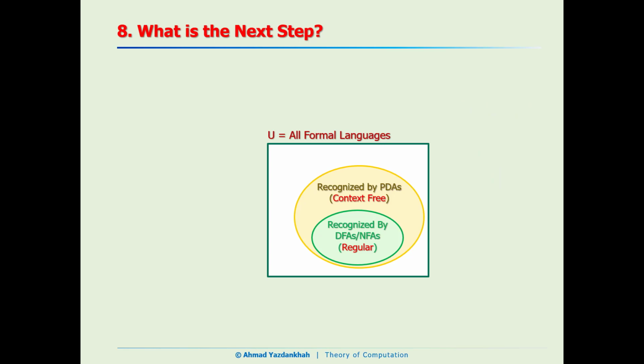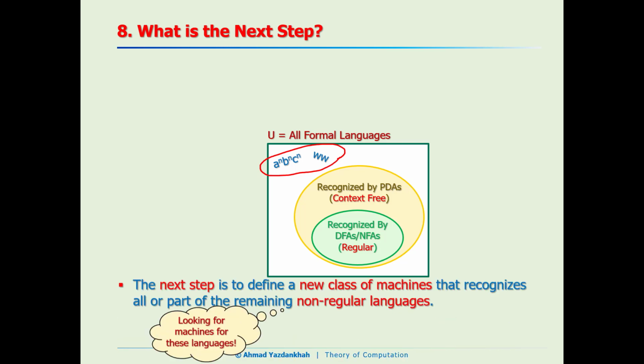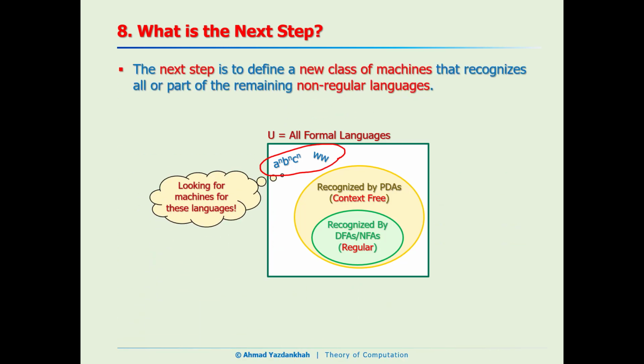Okay, so if this is the case, then we have some languages like this that cannot be accepted by the PDAs. So what is the next step? Absolutely, we need to introduce a new class of machines that can at least accept some more languages, more than whatever the PDA can accept.